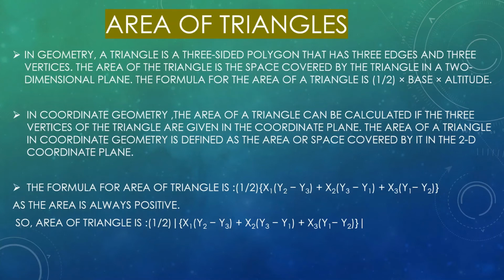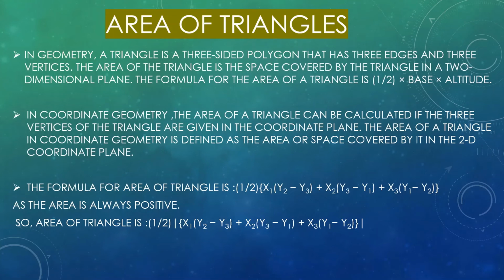The formula for the area of a triangle is half into base into altitude. In coordinate geometry, the area of a triangle can be calculated if three vertices of the triangle are given in the coordinate plane. The area of a triangle in coordinate geometry is defined as the area or space covered by it in the 2D coordinate plane.